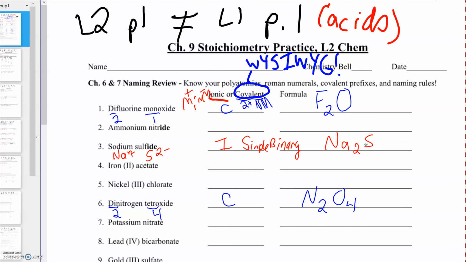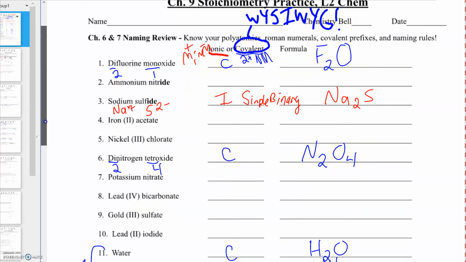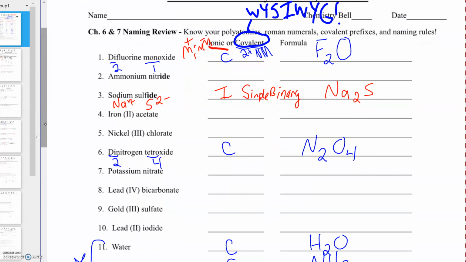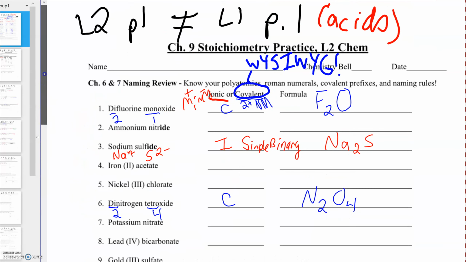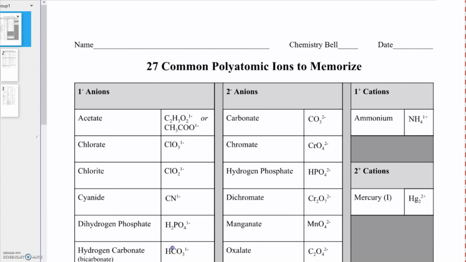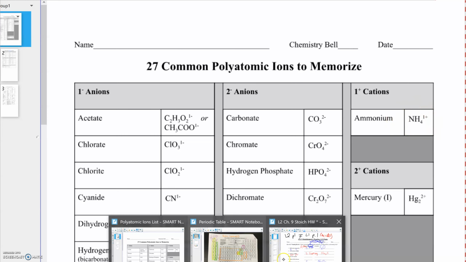Okay, that one looks kind of complicated. Let's see. Let's try and find another easy one on the list. Well, okay, nothing else is easy, so we've got to go into some of our polyatomics. Let's go ahead with that then. So our polyatomics, ammonium. If you check your polyatomic list, ammonium is right here, NH4 1+.